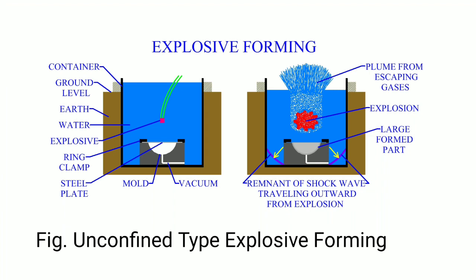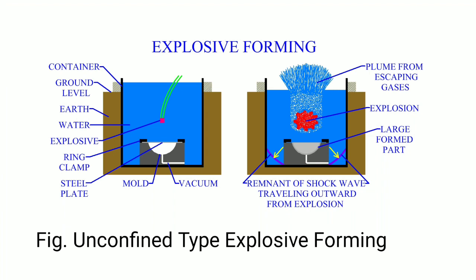See, there are some components required for the explosive forming process. A very strong container is required to perform this type of technique. Then we maintain the ground level. It is totally evacuated; it is a totally closed chamber process.